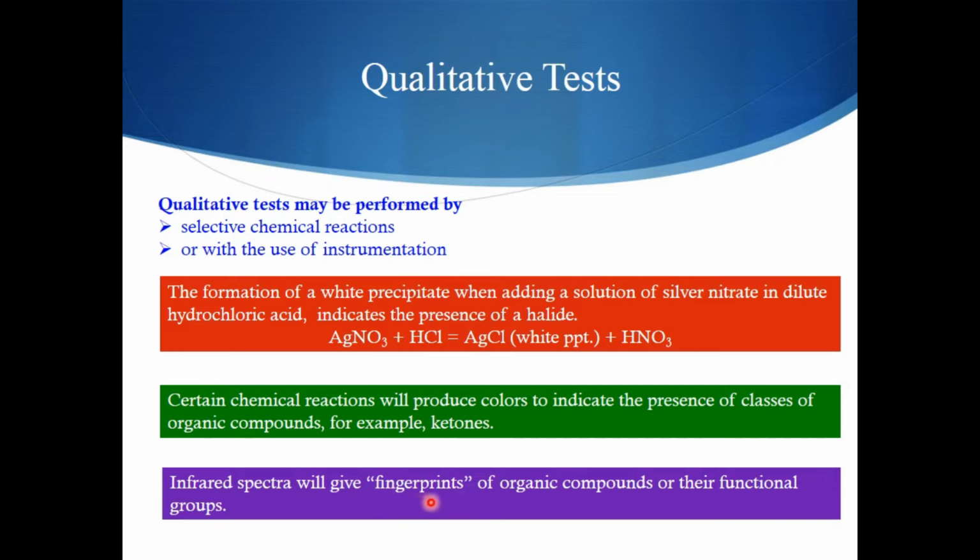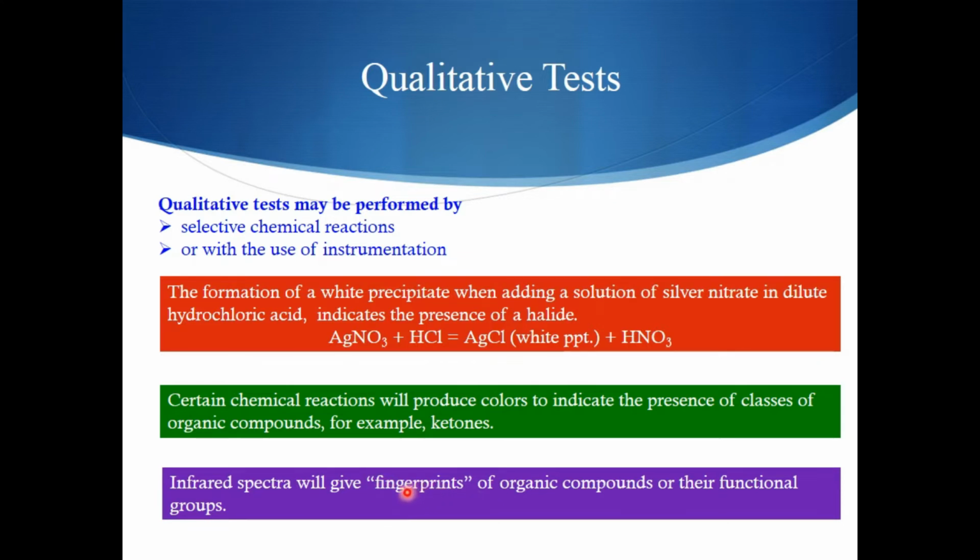What we will do, we can compare this fingerprint region of the compound to be identified with the fingerprints of other compounds present in the literature. In this way we can compare the fingerprints of two compounds, and this will serve as identification of the specific compound present in the sample.